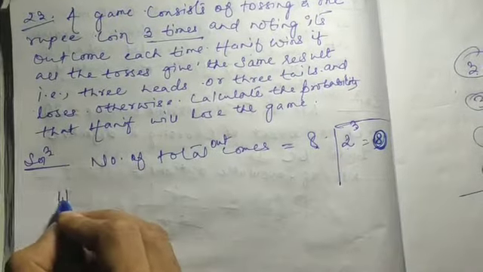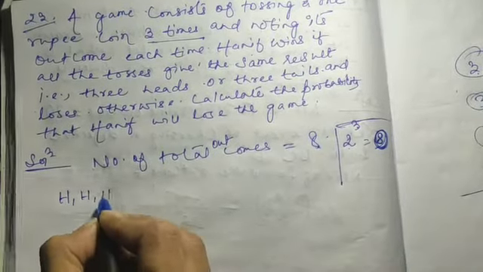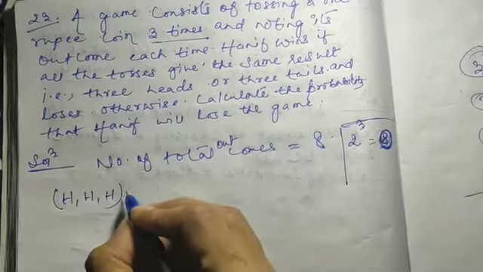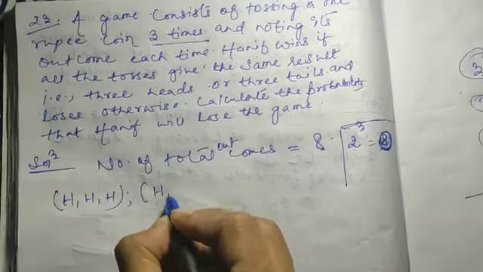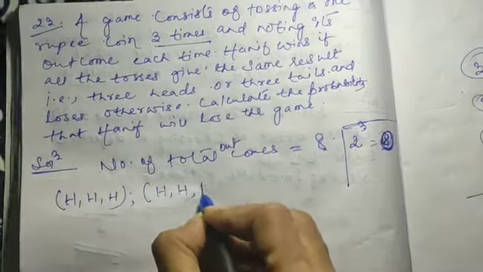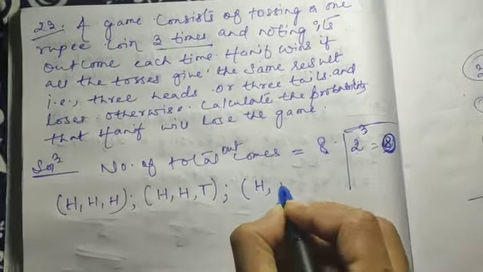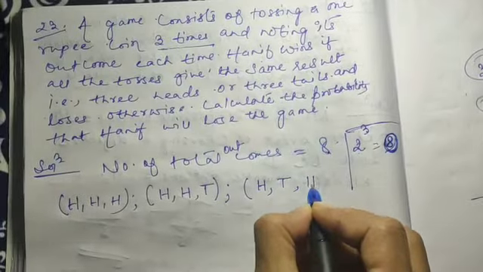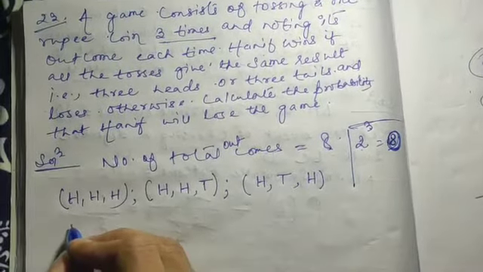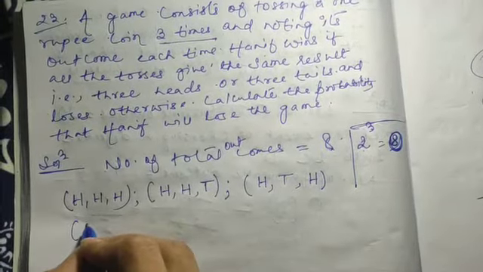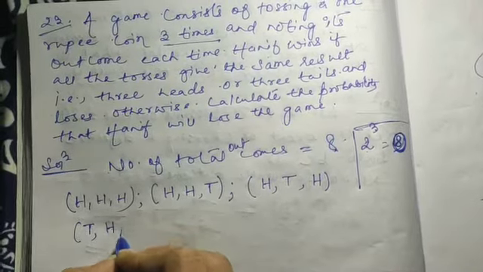See, head, head, head may come, right? Or else head 2 times coming, but the last time tail coming. Or else head coming, in the middle tail coming, then again head coming. Possible? Then tail coming first, then head, then head.